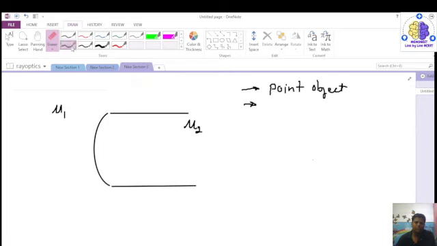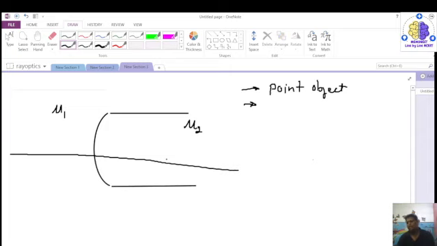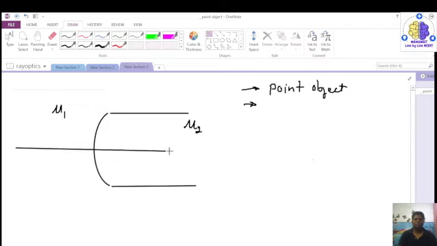So suppose this is a line passing through the optical center of the curved surface, or you can say the geometrical center of the curved surface, right? Suppose this is a line.